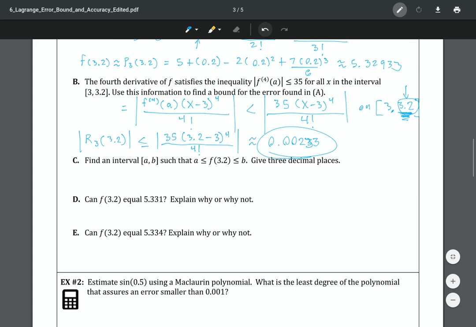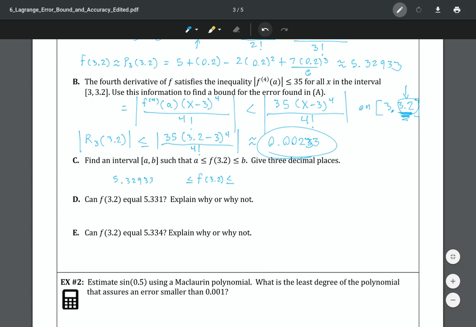So now it says find the interval a to b such that a is, okay, so this is what they're trying to say. If f of 3.2 was approximately, let's see what they read, approximately 5.32933.